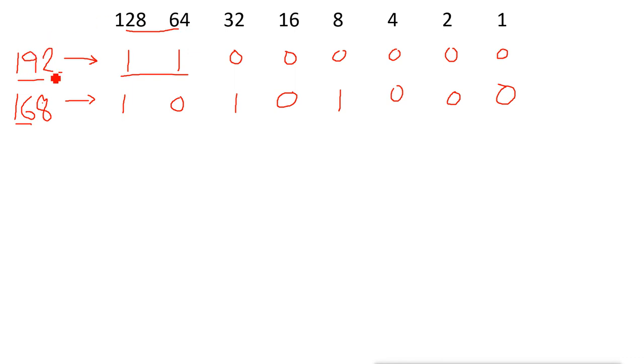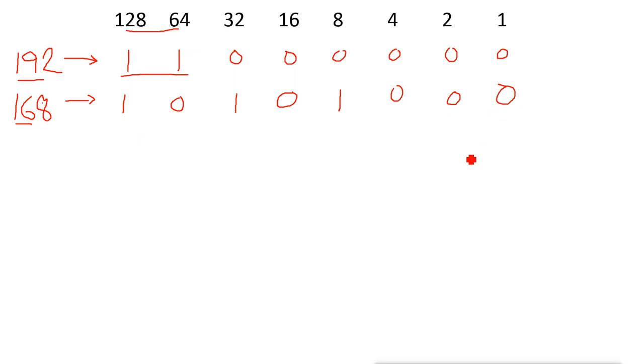So we write 192. Now the machine will easily calculate this binary. Remember, we understand the decimal, but the machine understands binary. So when you give 192, for the machine it is 11000000. When you give 168, for us it is 168 to understand, but for the machine it is 10101000.